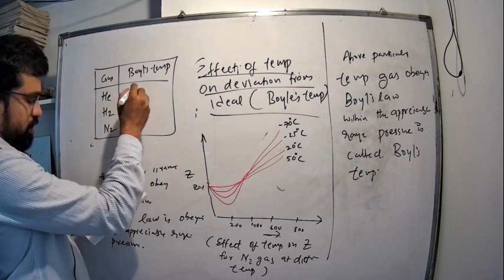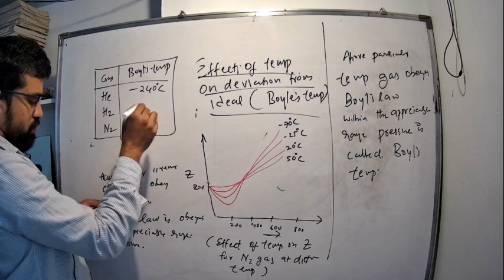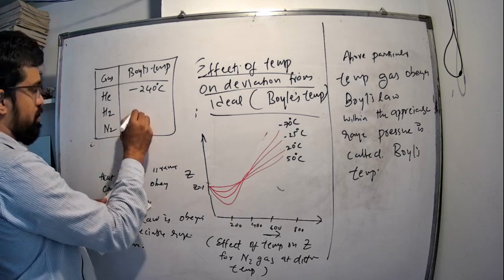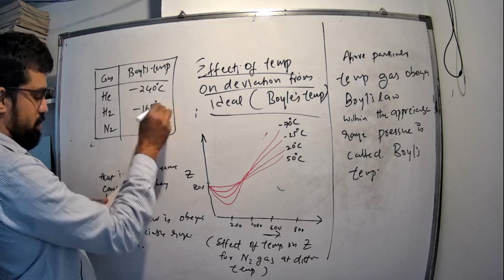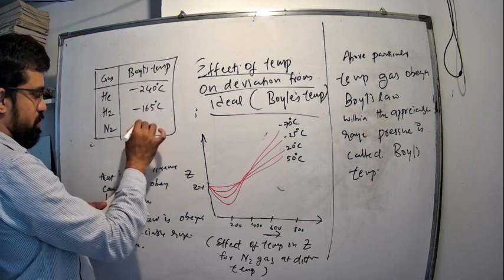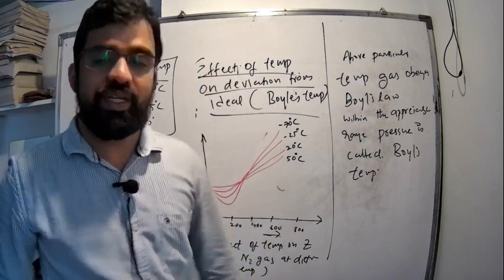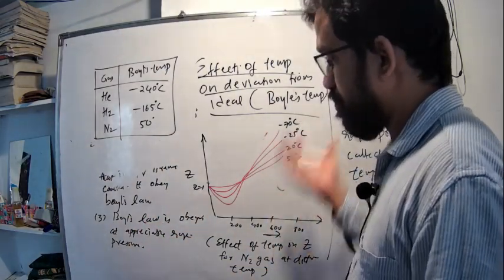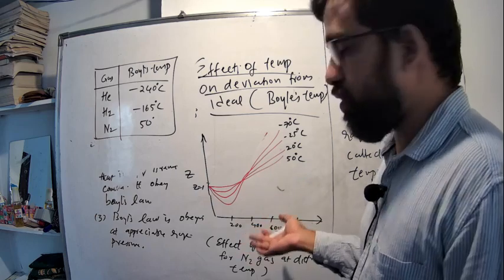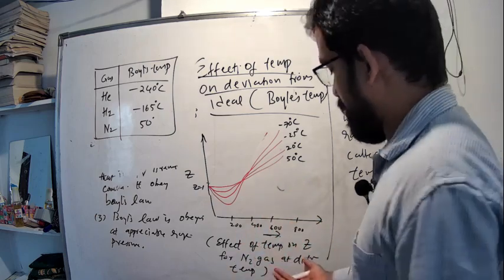For helium it is minus 240 degrees centigrade, for hydrogen it is minus 165 degrees. Above this 50 degree, nitrogen gas will always obey Boyle's law in an appreciable range of pressure.